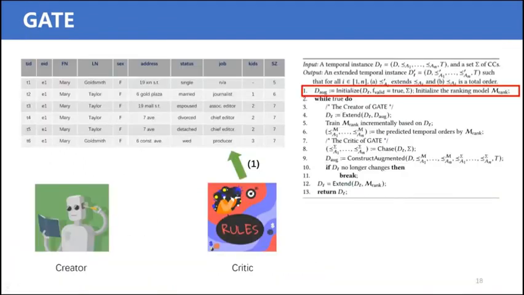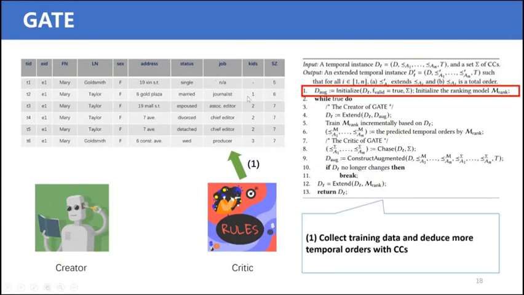Here is an example. We can see that this table is the temporal instance. Firstly, the critic uses the time orders and the existing timestamps to collect training data and deduce more time orders with CCs. Here the CCs are given, and can be discovered by some discovery mechanism.